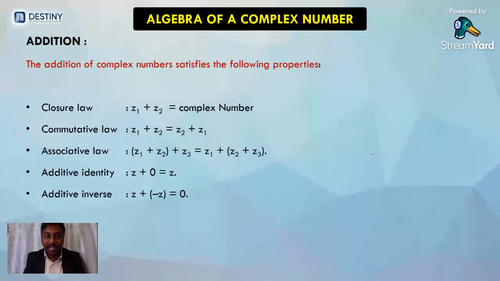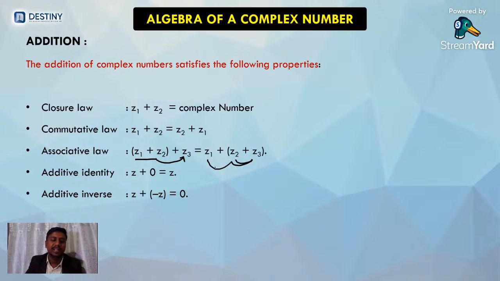If I add three complex numbers, if I add first two with the third number or the first number with the next two numbers, both are the same. So identity in the sense, z plus 0 becomes z, and additive inverse, z plus minus z equal to 0.